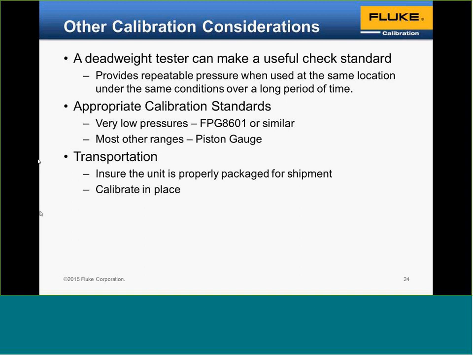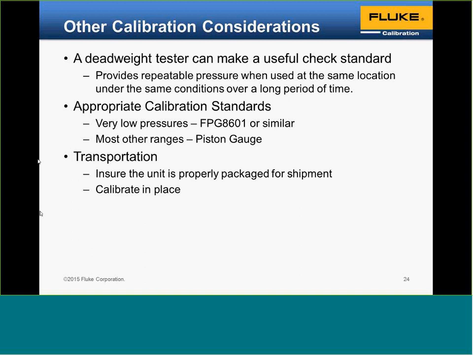Also, make sure the instrument is properly packaged for shipment. They are prone to damage in shipment if they're not packed properly, so just make sure it is properly packaged for shipment. The best case scenario is calibrated in place, rather than having to send it out for calibration.